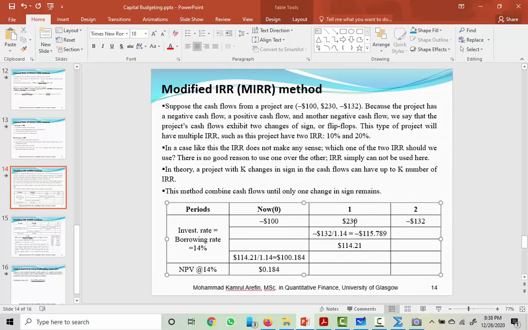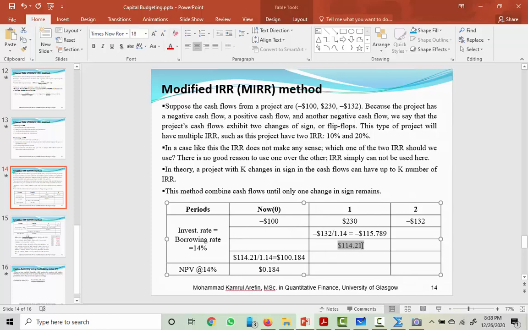If you deduct this one from this one, we can see there is a net inflow of $114.21.